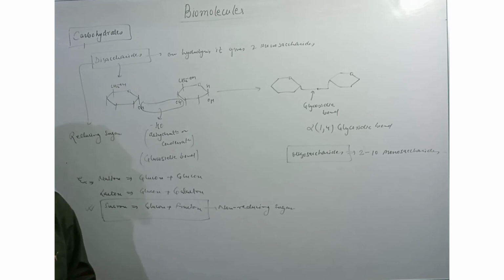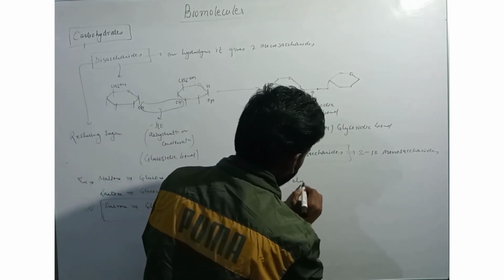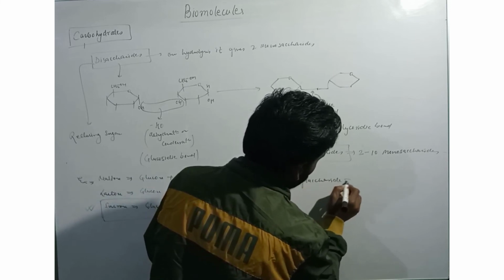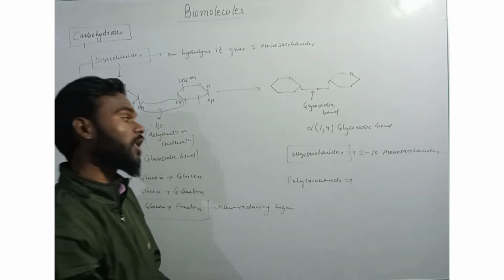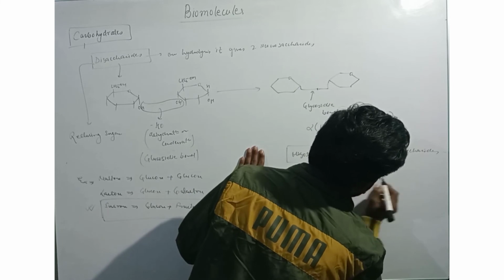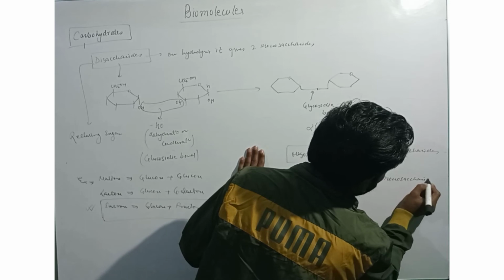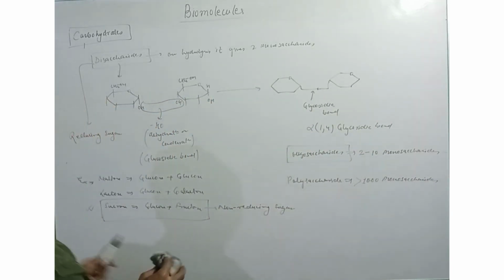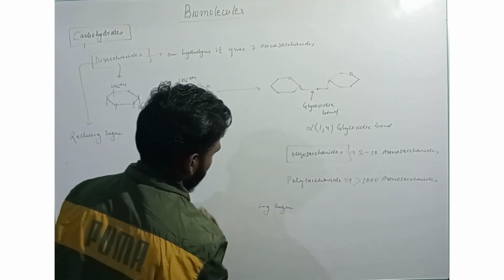But when you're talking about a polysaccharide, please do remember, on hydrolysis it gives more than 100 to 1000, that is more than 1000, monosaccharides.